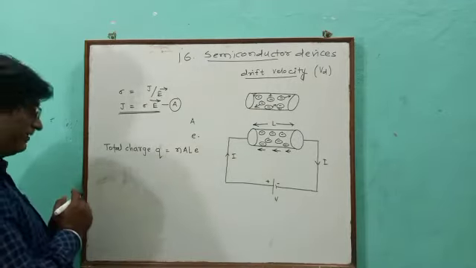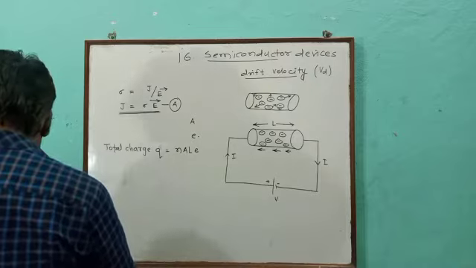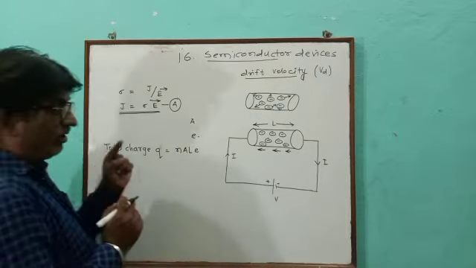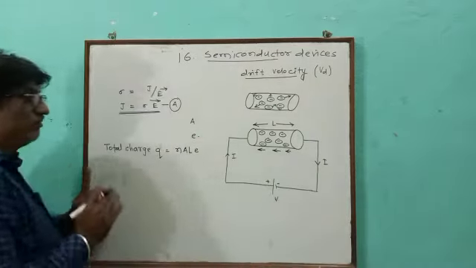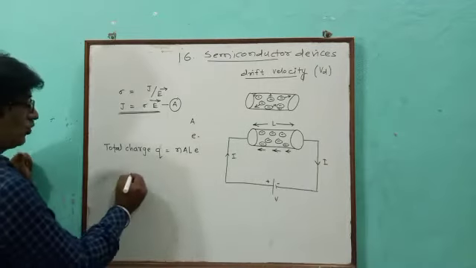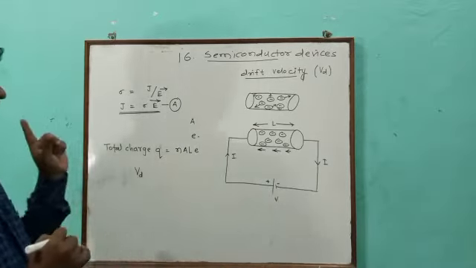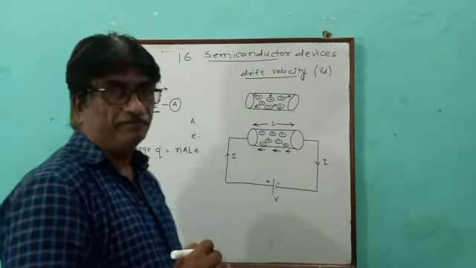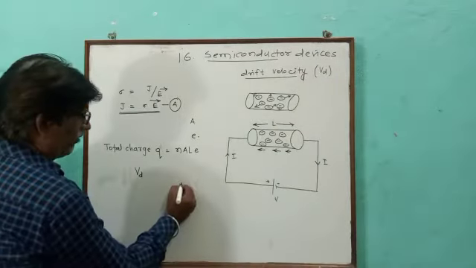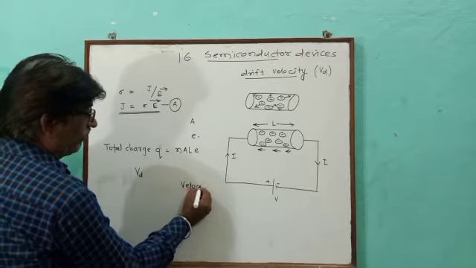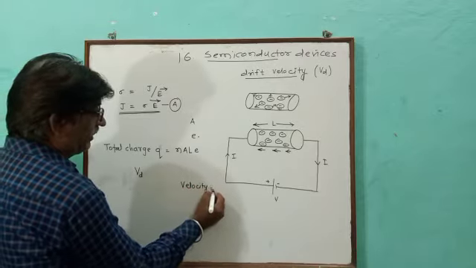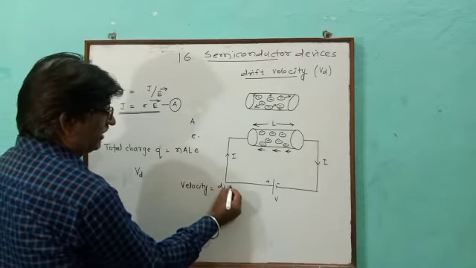So we know that the motion of electrons is with a velocity. If Vd is the drift velocity, we know the formula for velocity is distance upon time.